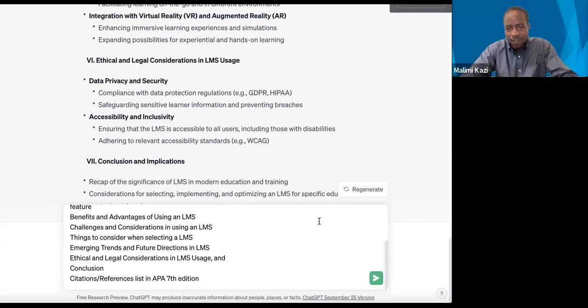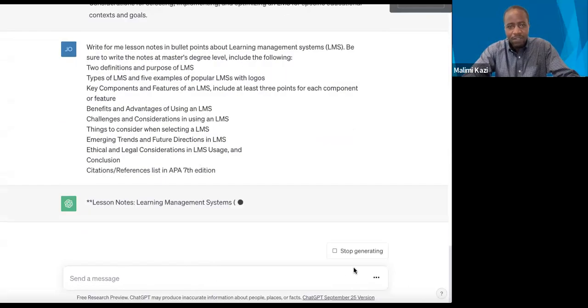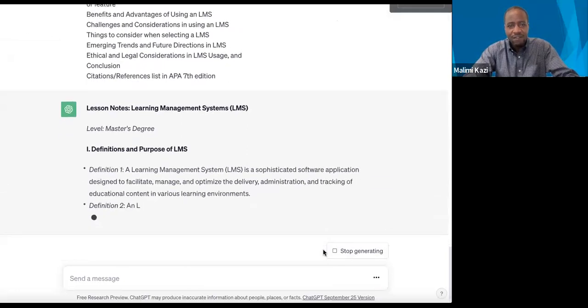Okay. Now I'm going to submit this by clicking this green button here at the bottom, and let us see what ChatGPT will produce. Will it follow all the instructions as I provided? Let us see. Good. All right. It is very fast.